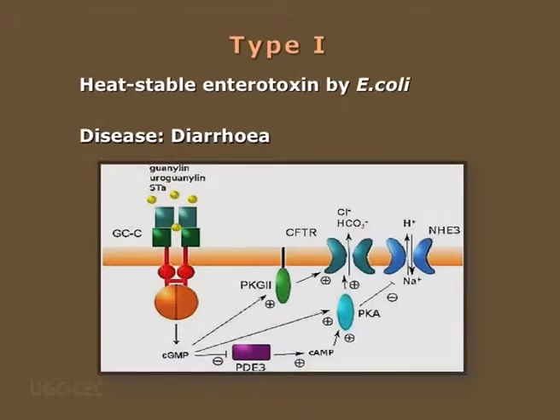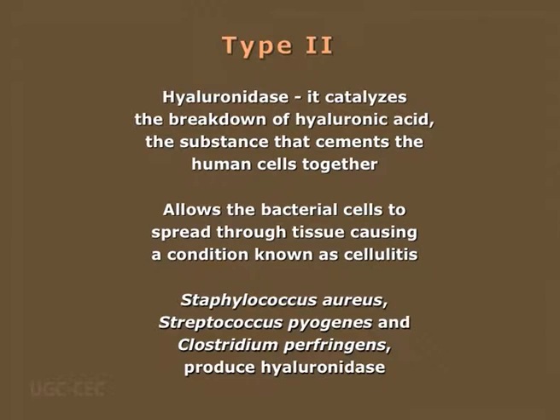Once these bind to the G cells and bind to a particular receptor, as you see, guanylin receptors, and they are known as the STs, they increase the intracellular concentration of cyclic GMP, and this in turn leads to activation of a cascade of events leading to release of electrolytes from the cells. And as the electrolytes get released, as well as water, it leads to diarrhea and it might even lead to death.